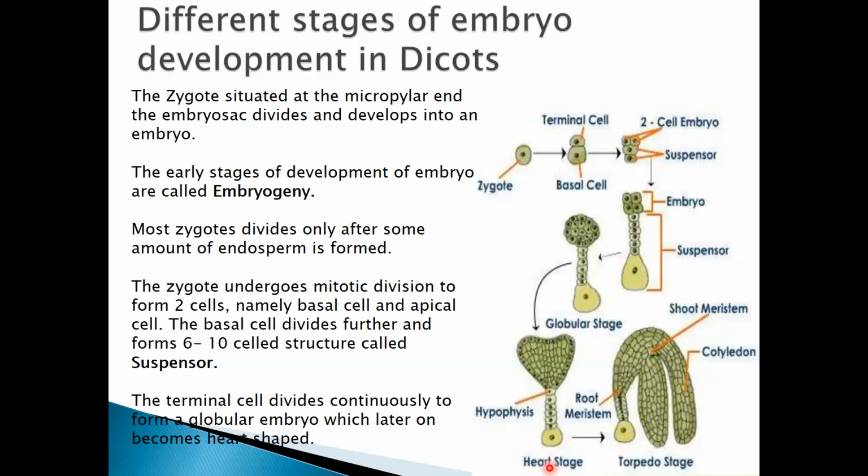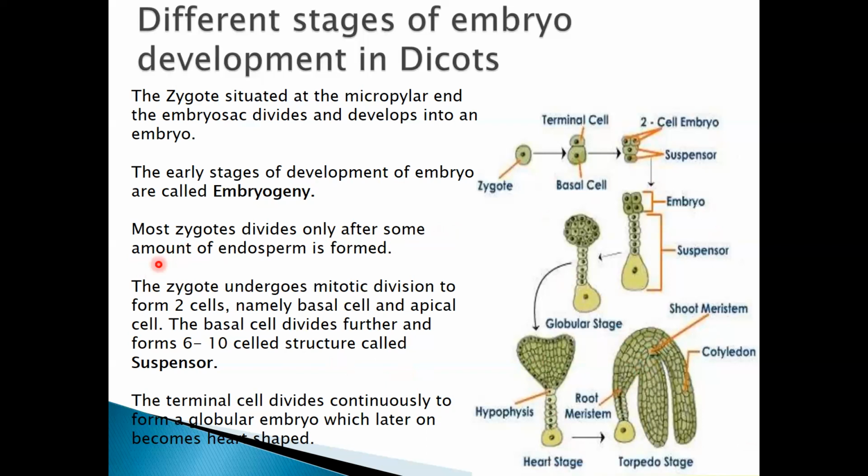From the zygote, as it divides and forms into embryo, that process is known as embryogenesis. So you need to remember, students, first, the different stages of embryo development in dicots. These are the different stages of the embryo development. Clear?